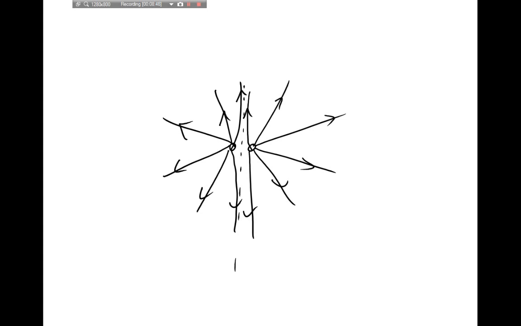So we can see now if I'm looking at this really, really far away, if I'm way out here, it basically just looks like a single positive charge. These two positive charges, when they're really, really close together, they basically just look like a single positive charge.